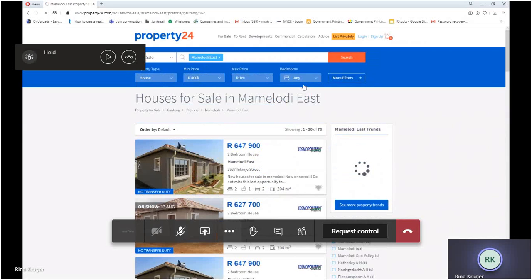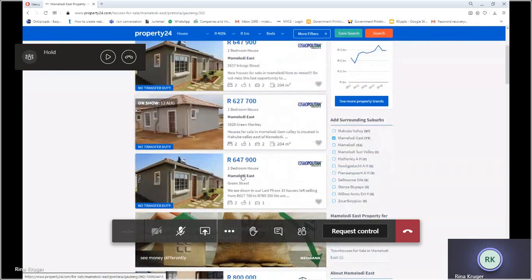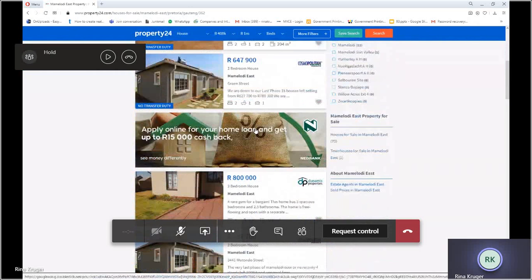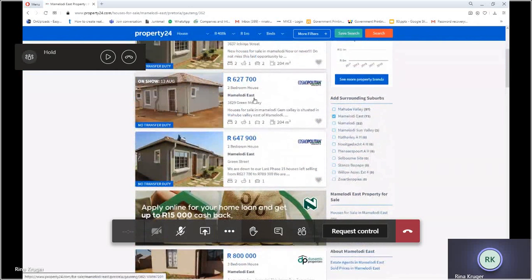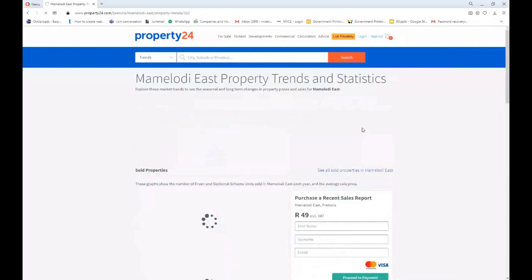Now these are the properties that come up that are for sale in that specific area. But to see more property trends, do you see this? You must put in the specific suburb as we did. You see Mamelodi East trends. You click on that, see more property trends.